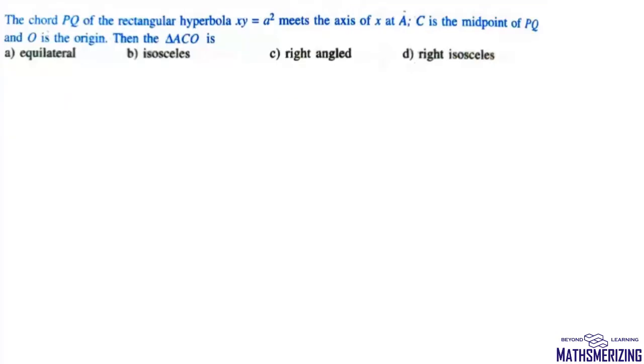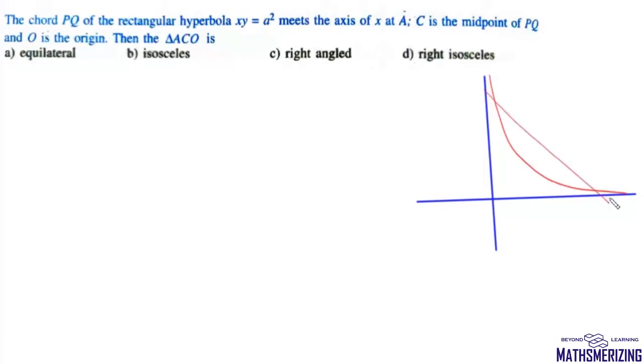Now here the question is, chord PQ of rectangular hyperbola meets the axis of x at A, C is the midpoint of PQ and O is the origin, then triangle ACO is. So we have this chord which meets the x-axis at point A, y-axis at B, and C is the midpoint of chord and O is the origin. Now we'll take this point C as x1, y1.